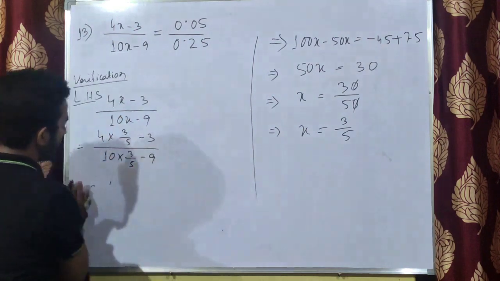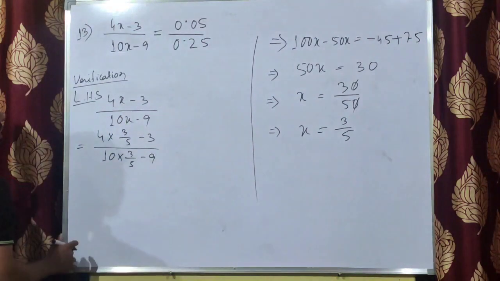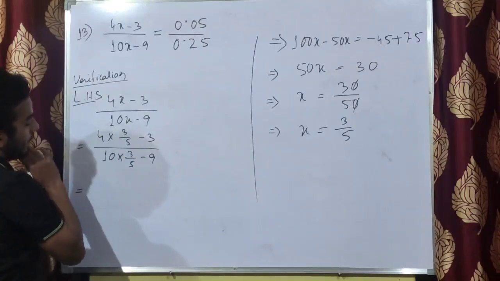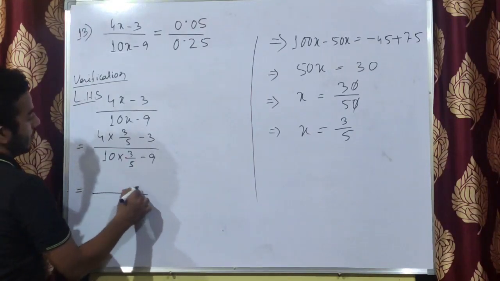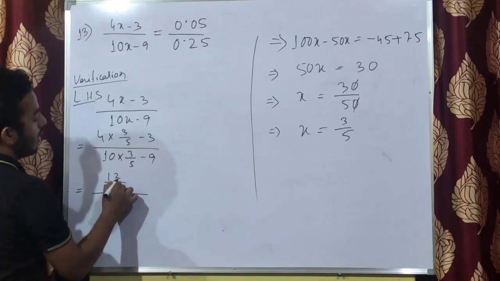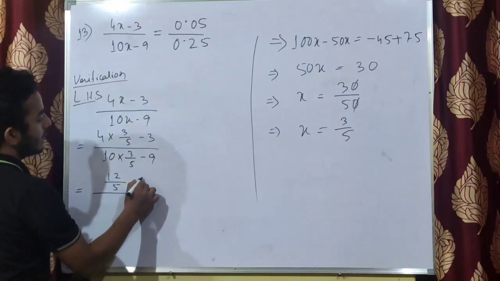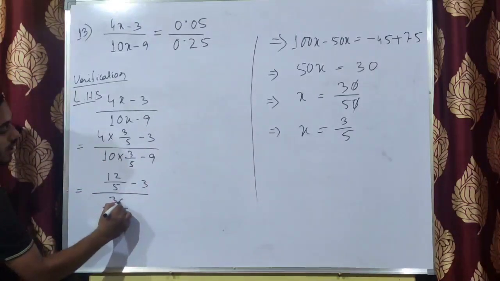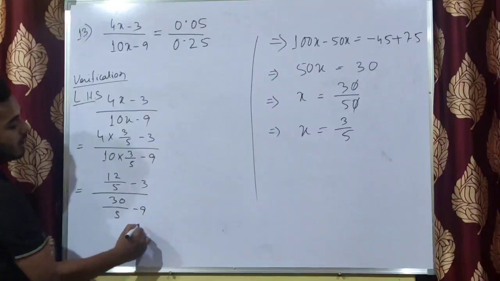Now look, numerator and numerator multiply. 4 into 3 is 12, divided by 5, and minus 3. There, 10 into 3 is 30, divided by 5, minus 9.